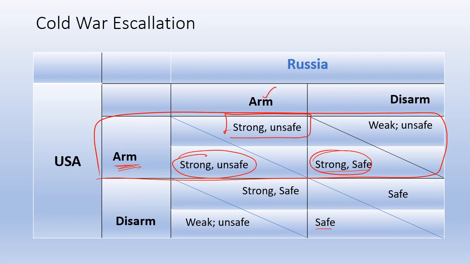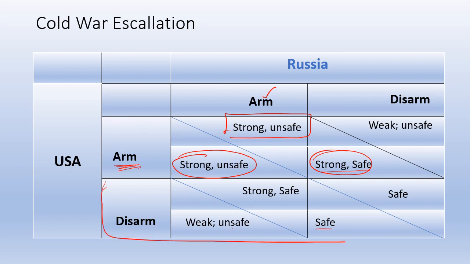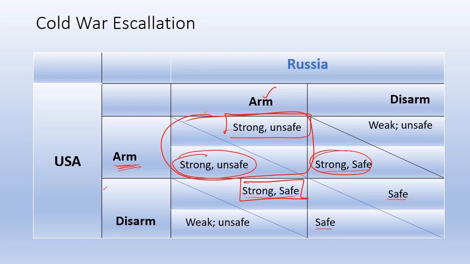And oppositely, if USA disarmed, even then Russia would produce more arms because strong and safe would be better than just safe. So circle that too. And once you circle all the outcomes, there's only one cell where both numbers or payoffs are circled, so that is this game's equilibrium, where each country is producing more arms.